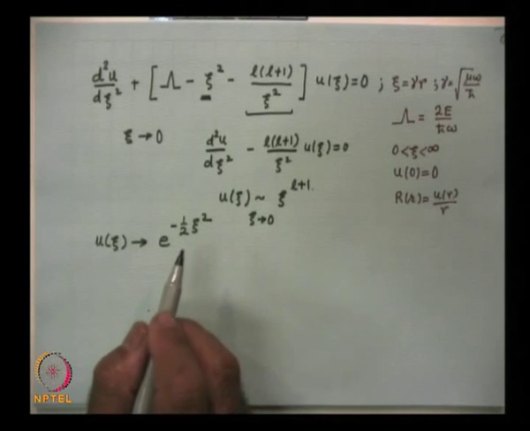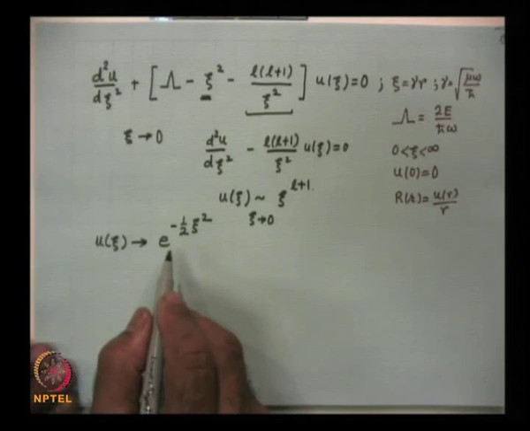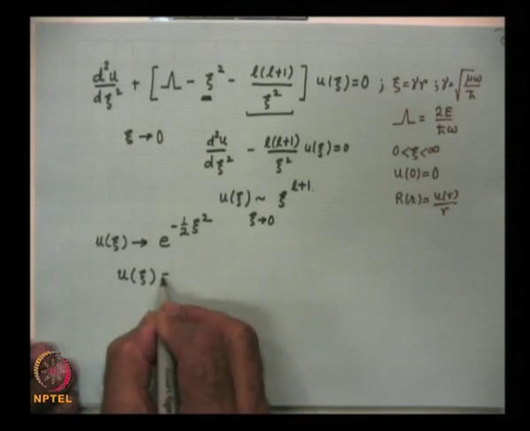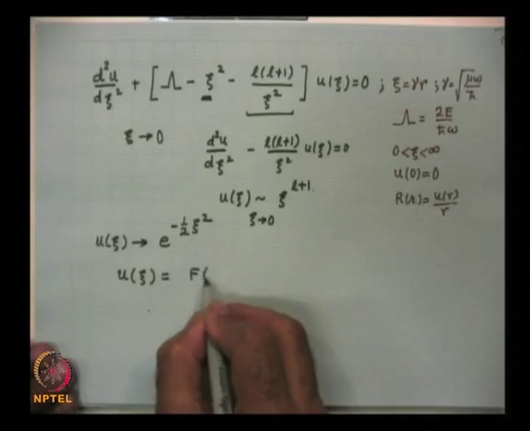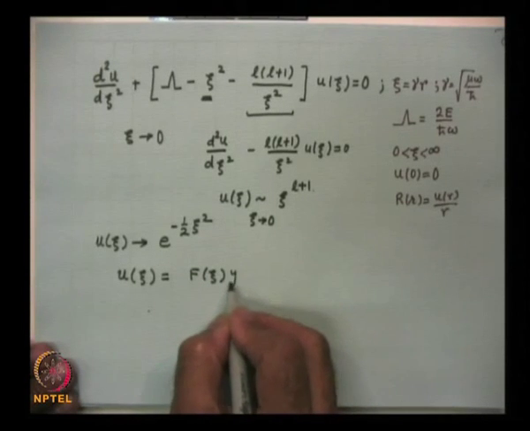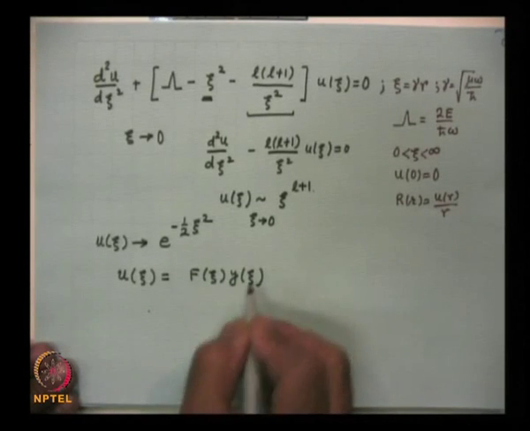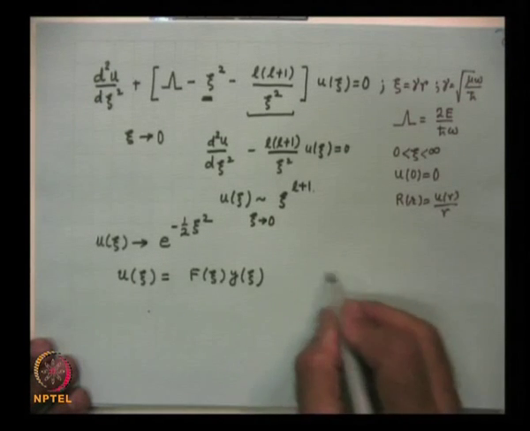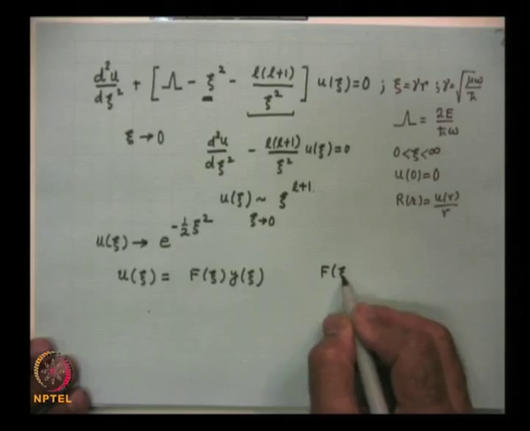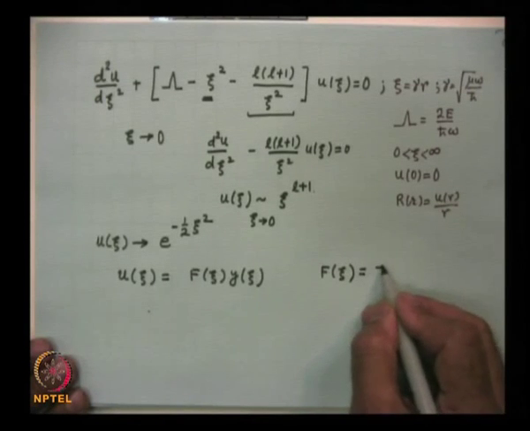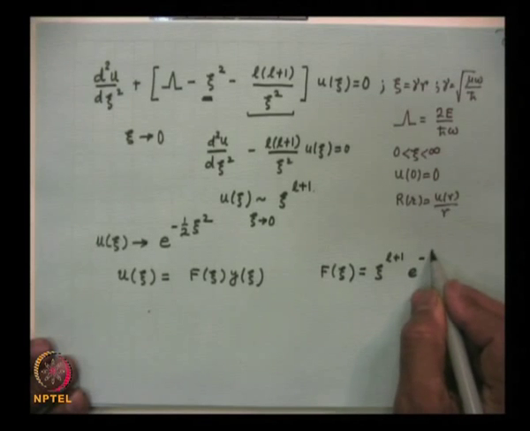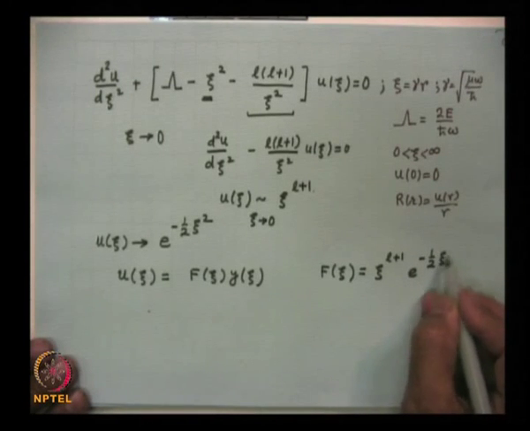So, this suggests that we try out a solution, just as we did in our hydrogen atom problem, f of xi y of xi, where f of xi is equal to xi to the power of L plus 1 e to the power of minus half xi square.